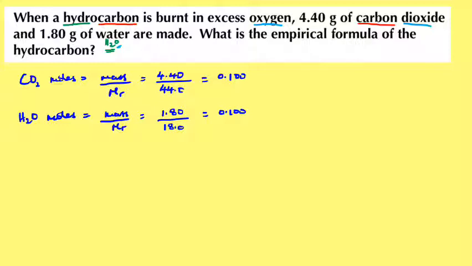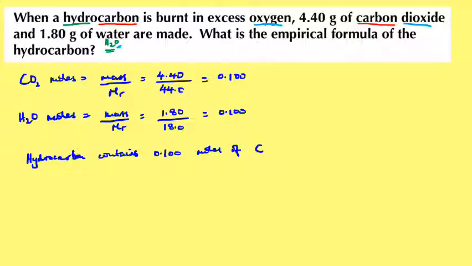So first of all, let's look at the carbon dioxide. 1 mole of carbon dioxide contains 1 mole of carbon atoms. It's a 1-to-1 ratio. So the original hydrocarbon must have contained 0.1 moles of carbon atoms as well. So the hydrocarbon contains 0.100 moles of carbon.